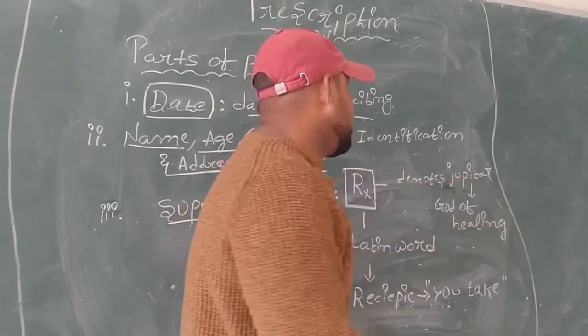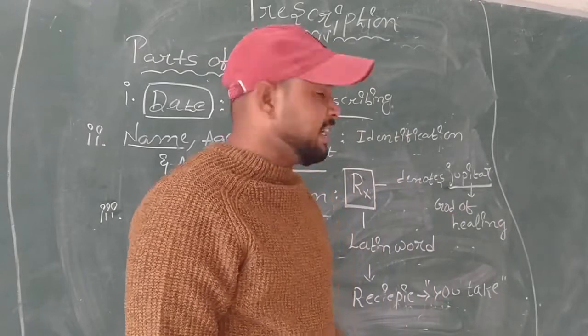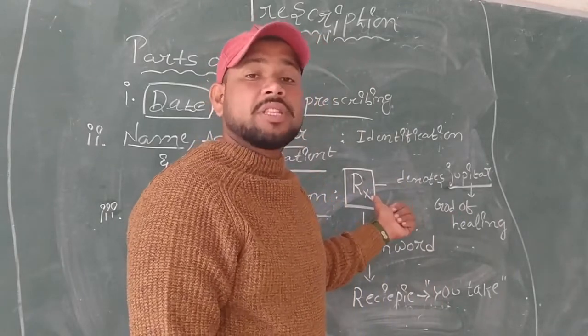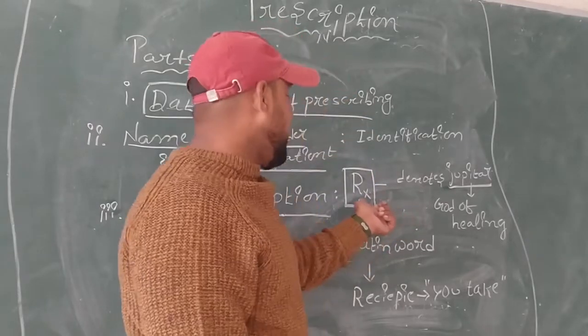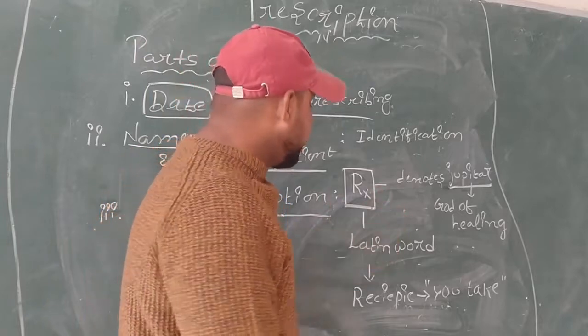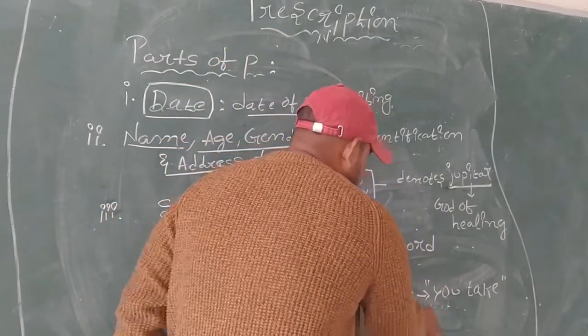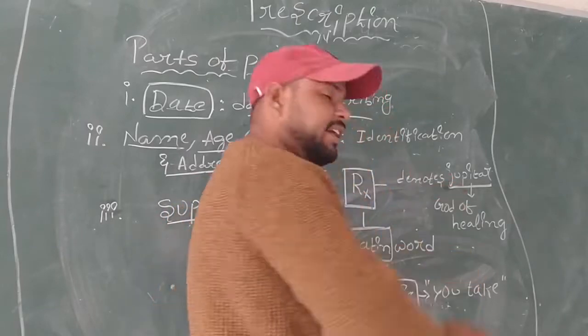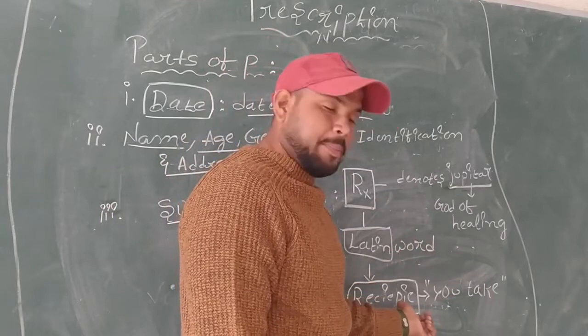The symbol for Jupiter, the god of healing, is RX. That is why RX is denoted on the prescription. This RX is called the superscription, and in Latin, RX is denoted as recipe.